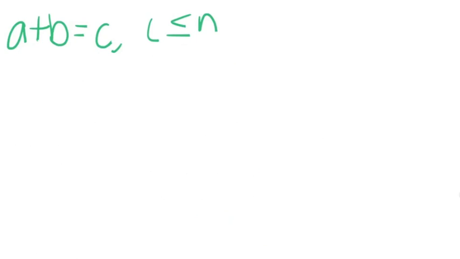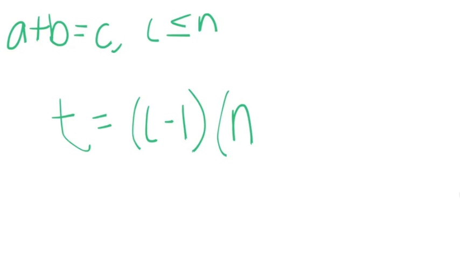When we have a plus b equal to c, where of course c is less than or equal to n, we have that t, the total number of tilted squares, is c minus 1 times n minus c plus 1 squared.